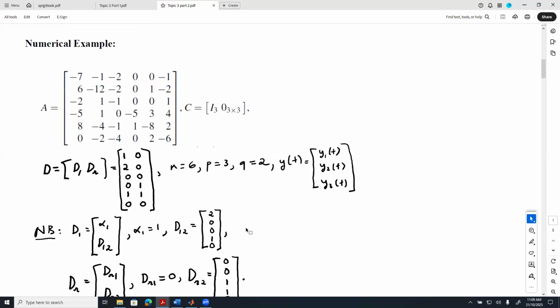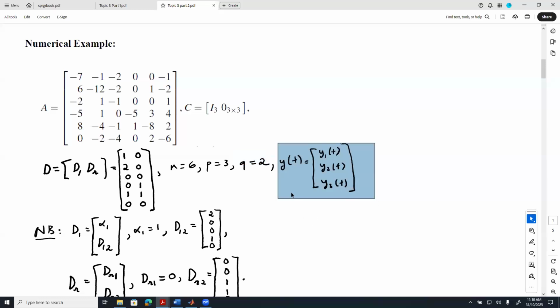Okay, so we have 6 state variables, 3 output measurements, and 2 unknown inputs. And the output measurement vector consists of 3 output measurements.